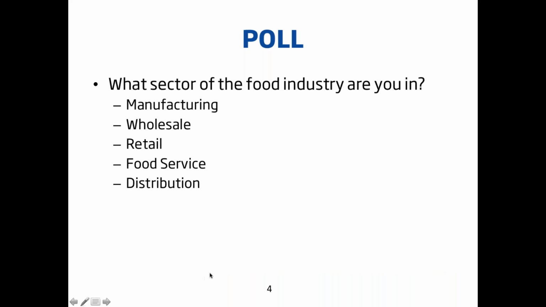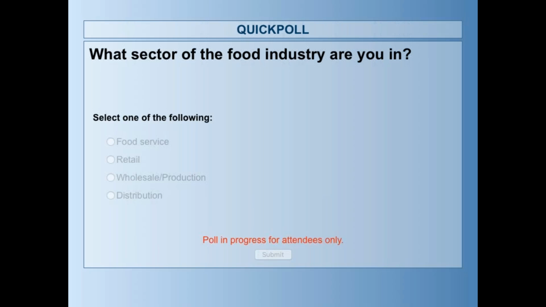So today's poll is, what sector of the food industry are you in? Take a moment to answer the poll: manufacturing, wholesale, retail, food service, distribution, whatever sector you are in. Give it a few more seconds.